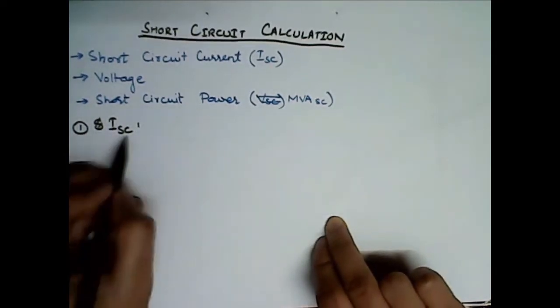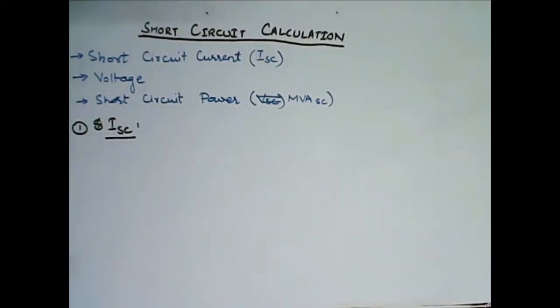So now coming towards the calculation of short circuit current. The short circuit current ISC is dependent upon the source voltage, which we refer to as the pre-fault voltage, and all the impedance from the source up to the fault point, that is the Thevenin impedance.